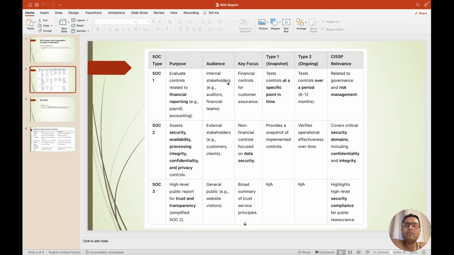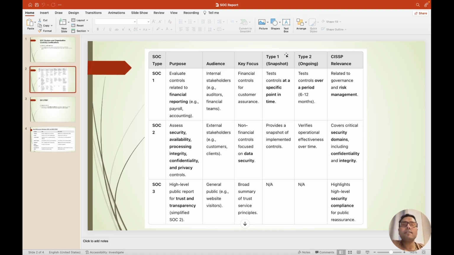So the audience will be the C-suite or executive level of employees. And SOC 2 report is all about the external stakeholders. That means customers, clients, because the customer or the client may ask you sometime to provide a SOC 2 report in order to comply with the requirements. And SOC 3 report is only for the general public.